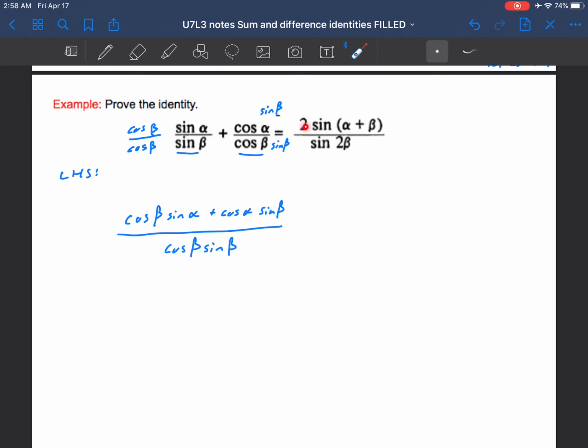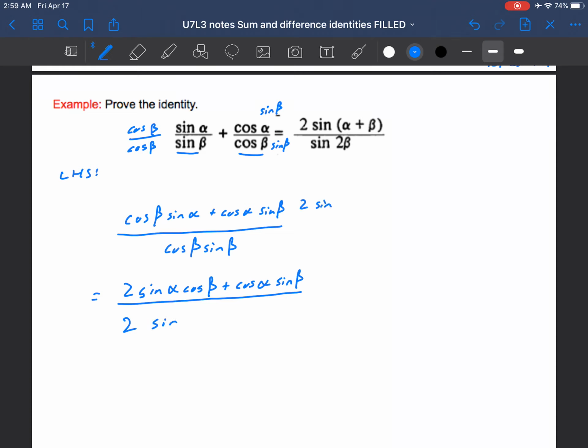So if I want to make my top match this, I need to multiply by 2, which means I need to multiply the top and the bottom by 2. And I'm going to also just change it so it's in a better form. Sine alpha cosine beta plus cosine alpha sine beta. Now, again, if I multiply the top by 2, I have to multiply the denominator by 2.